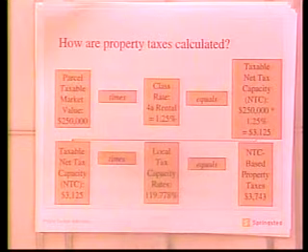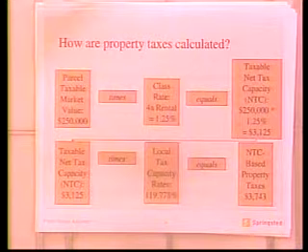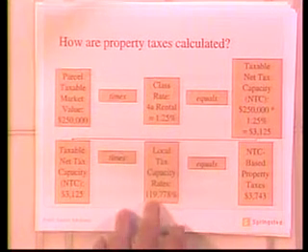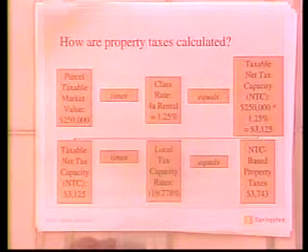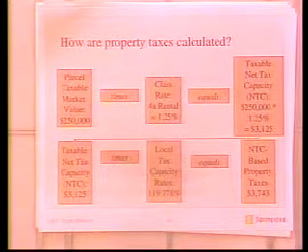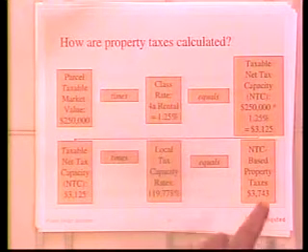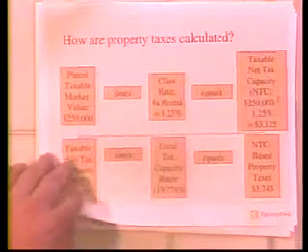This is the sum for all the entities in Maplewood: City of Maplewood, Ramsey County, School District, watersheds. They all total 119%. So the tax capacity times the tax rate brings us to our actual taxes. That's how you get from a market value amount to an actual tax bill.